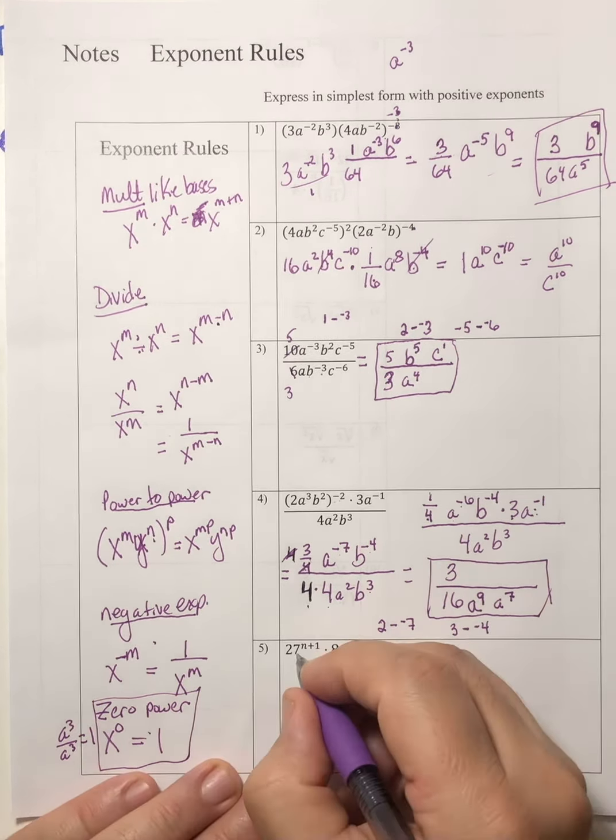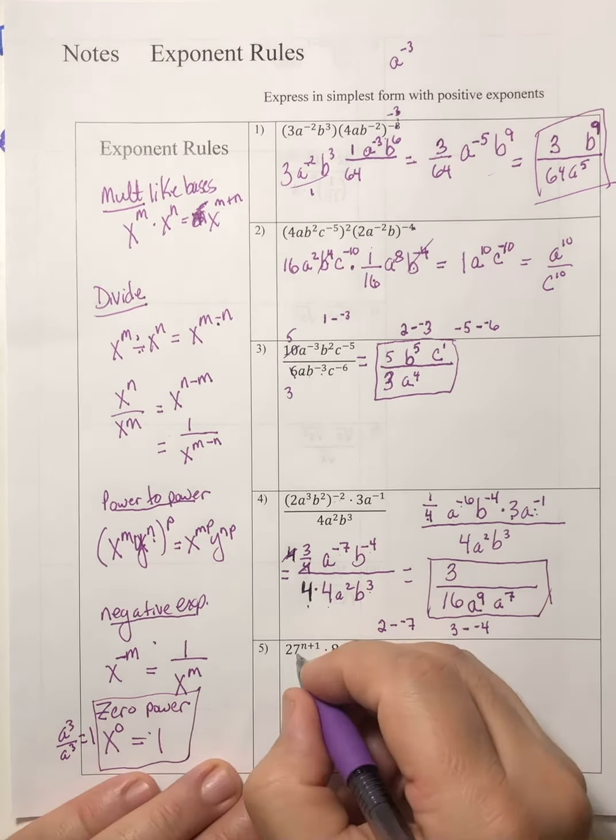All right, so first of all, what do I do with this 3 next to this exponent? That's right, we have to multiply. So this is 3 to the 3n plus 3 times 3 to the 4n minus 16. And now the bases are the same. And then what do we do with exponents?